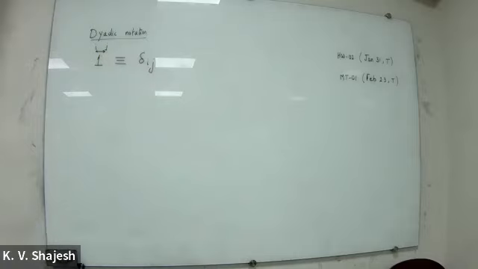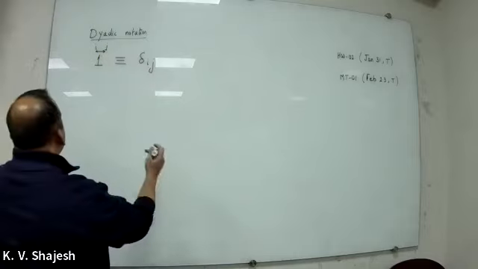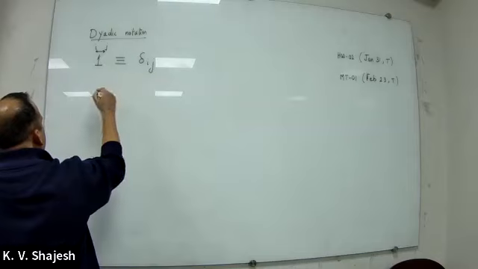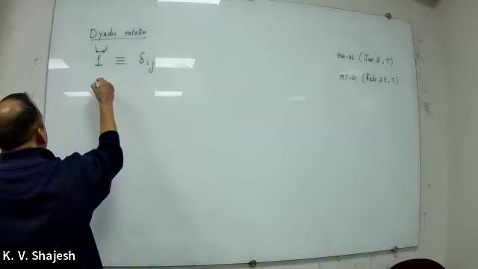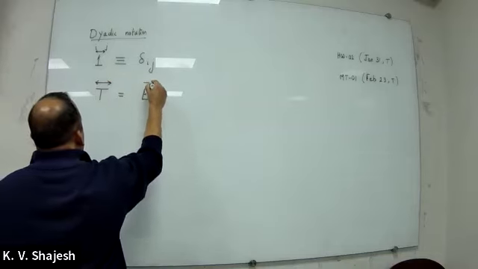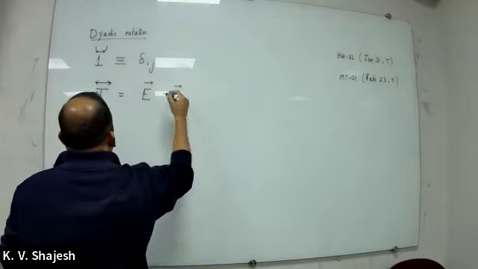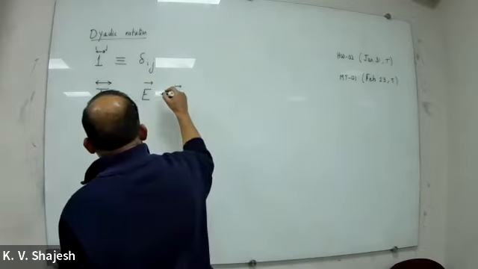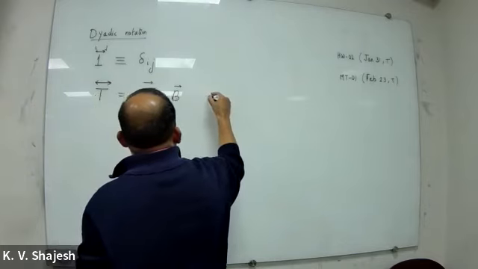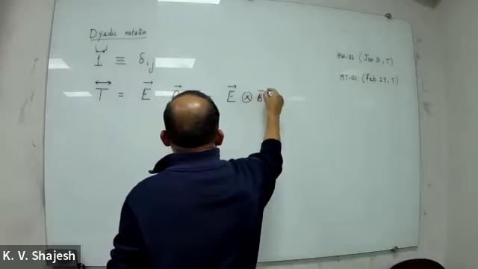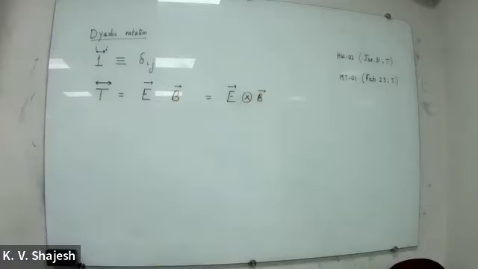Think of, let's say, in your homework, for example, you have a dyadic, which is E and B. Mathematically speaking, it means it's an outer product of E and B. So this is equal to E outer product B. That means all possible combinations of the components of E and B. That's what it means.